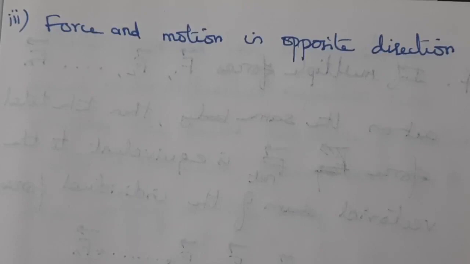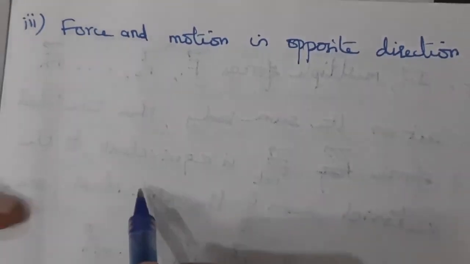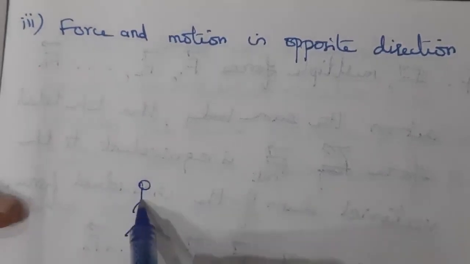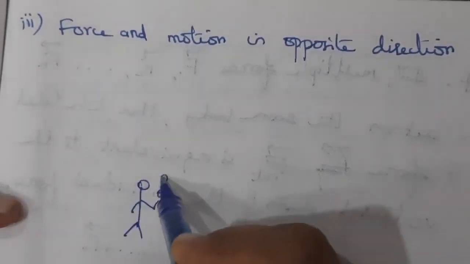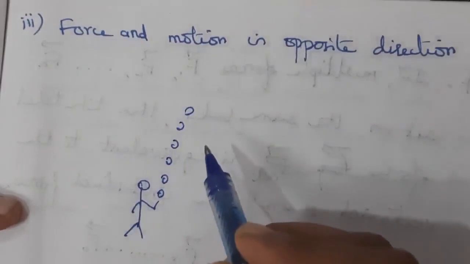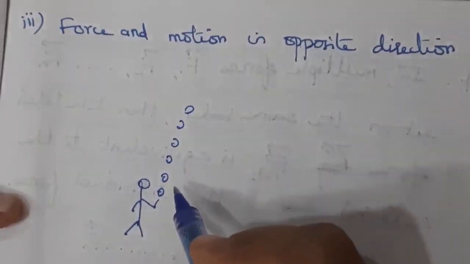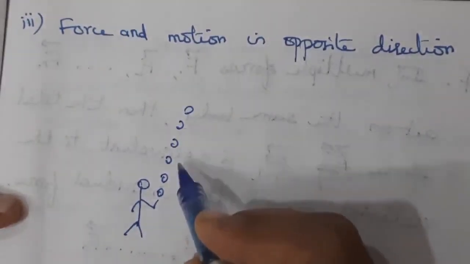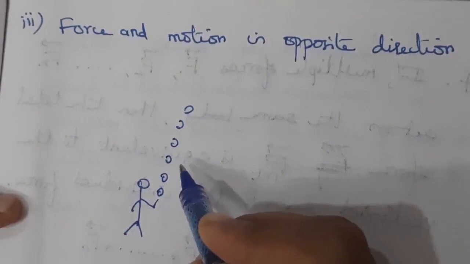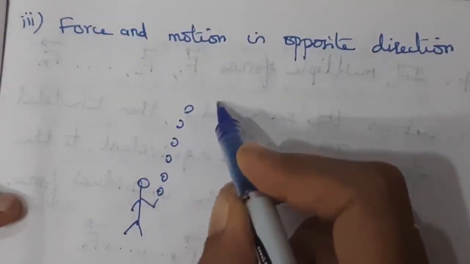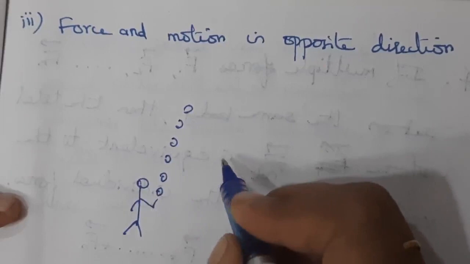The next case is force and motion in opposite direction. When a man throws a ball, so if an object is thrown vertically upwards, the direction of the motion is acting upward, isn't it?